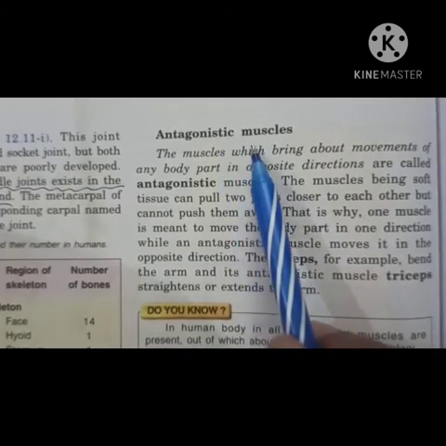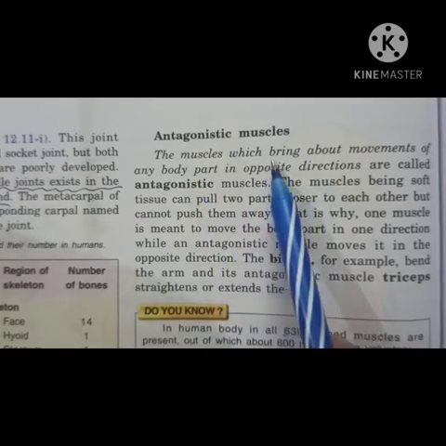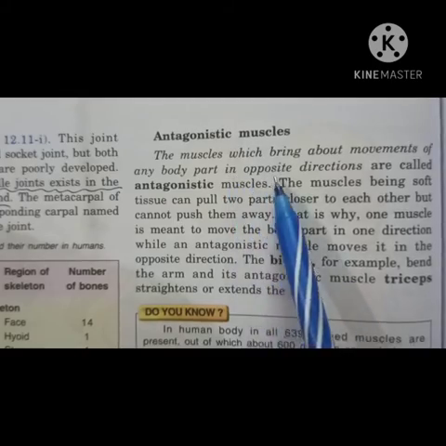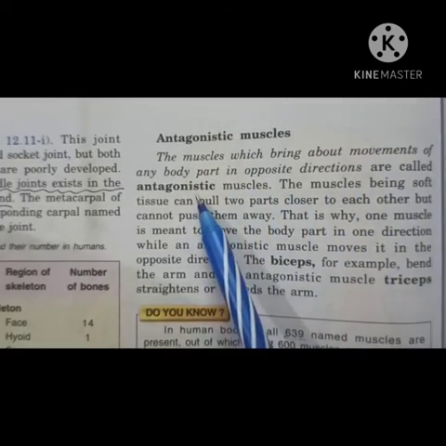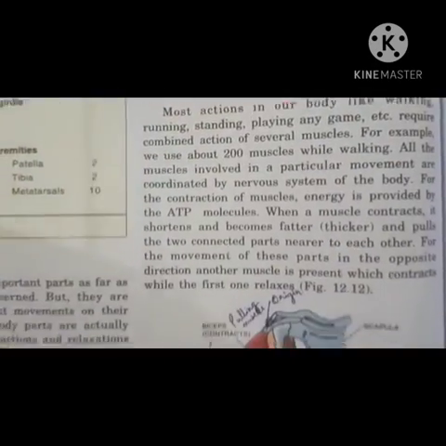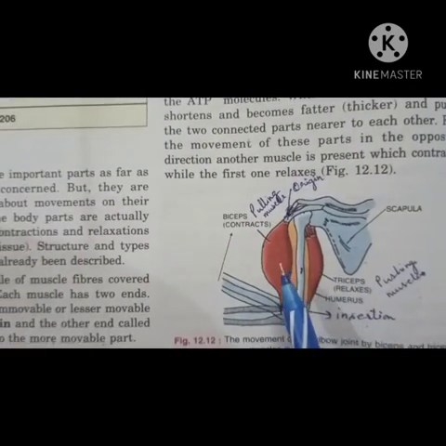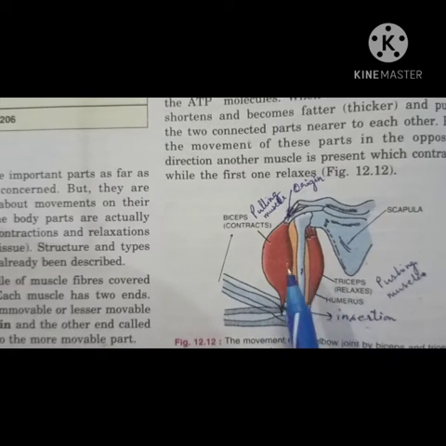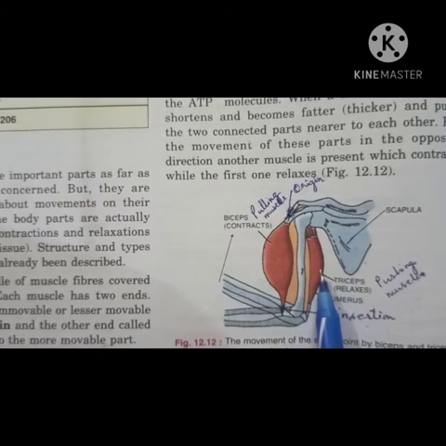Next is your antagonistic muscles. The muscles which bring about movements of any body part in opposite directions are called antagonistic muscles. Just look at this diagram. Here two types of muscles are there, the biceps muscle and the triceps muscle, and both are antagonistic to each other.